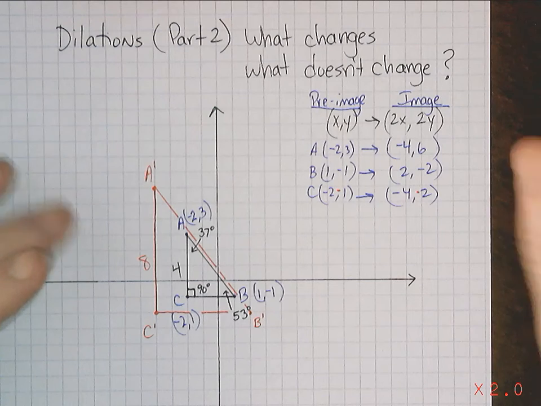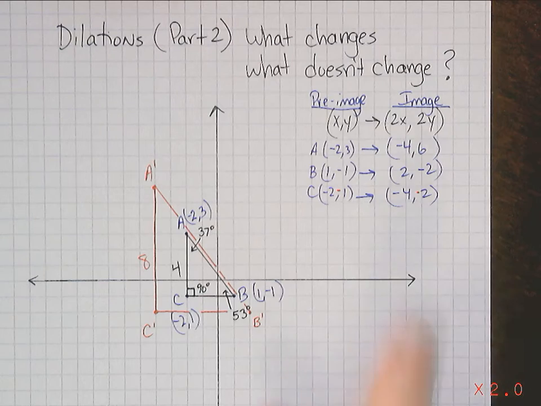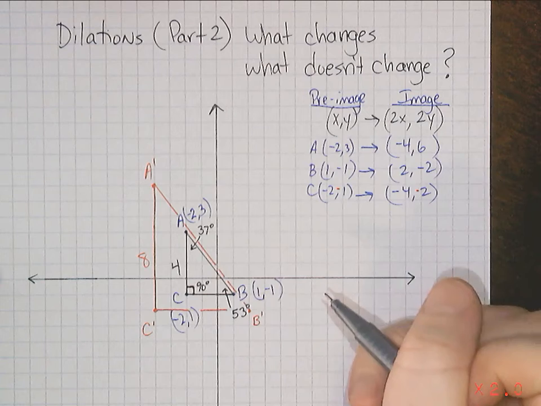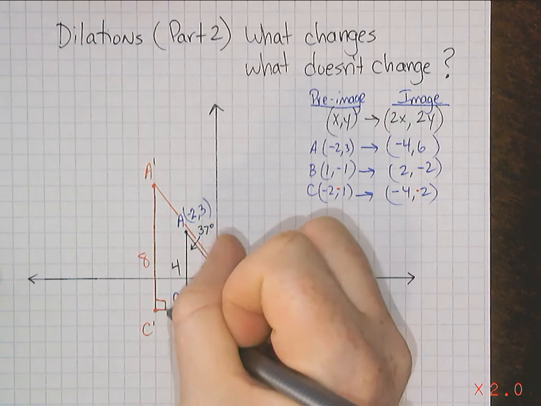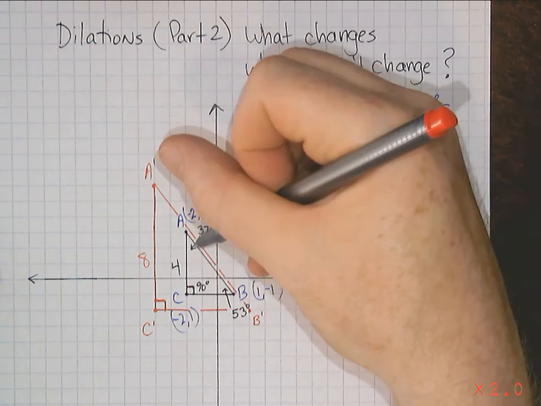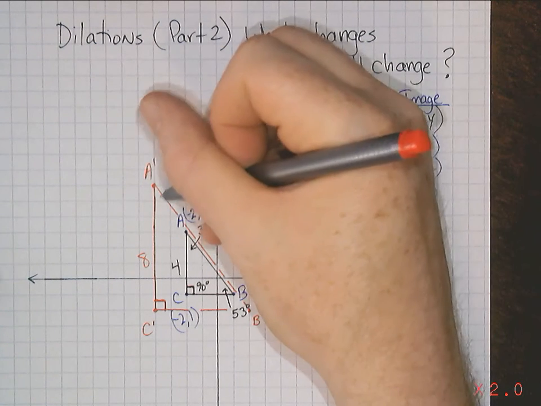So that changes. The sides change, they all double. Now, what does not change? If you've noticed, my right angle, that was a 90-degree angle here, is still 90 degrees here. That does not change. This 37-degree angle here is still 37 degrees here.